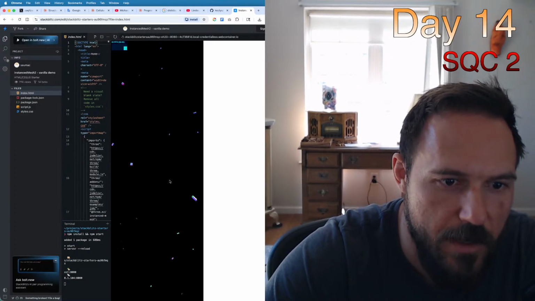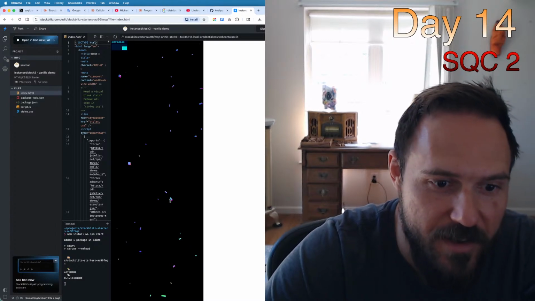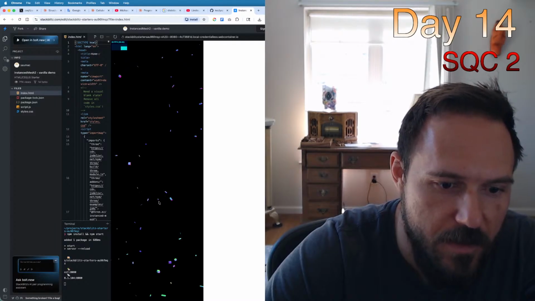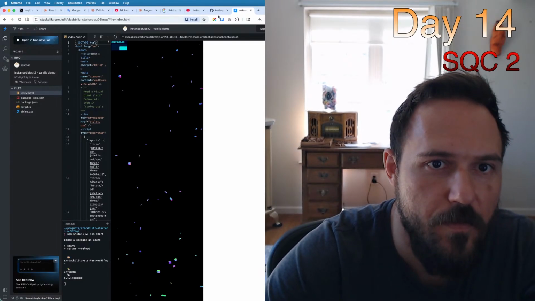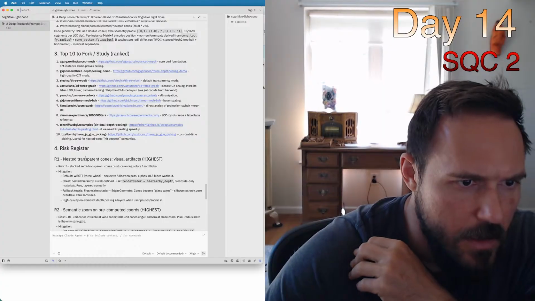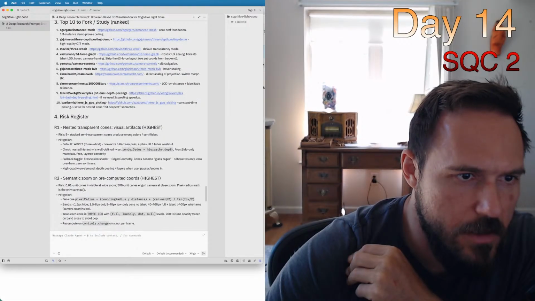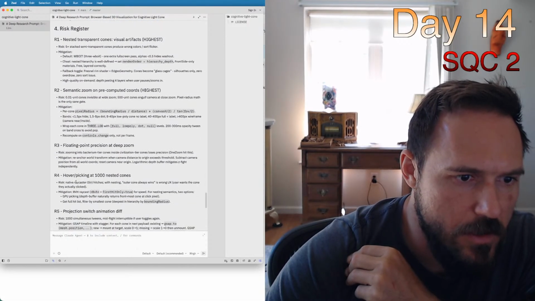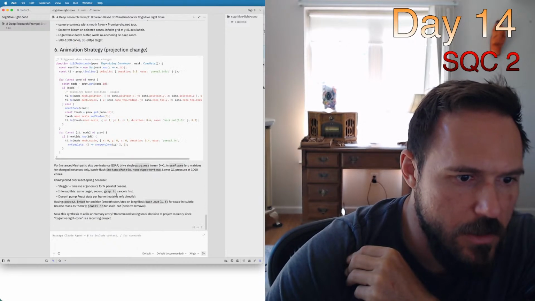Can you zoom in? You can zoom in. Oh, yeah. Oh, here you go. It's so slow, however. Come on. It's incredibly slow. Risk register, nested counts, visual artifacts, highest R2, floating point precision, depth. However, complexity estimated animation strategy. That's good.